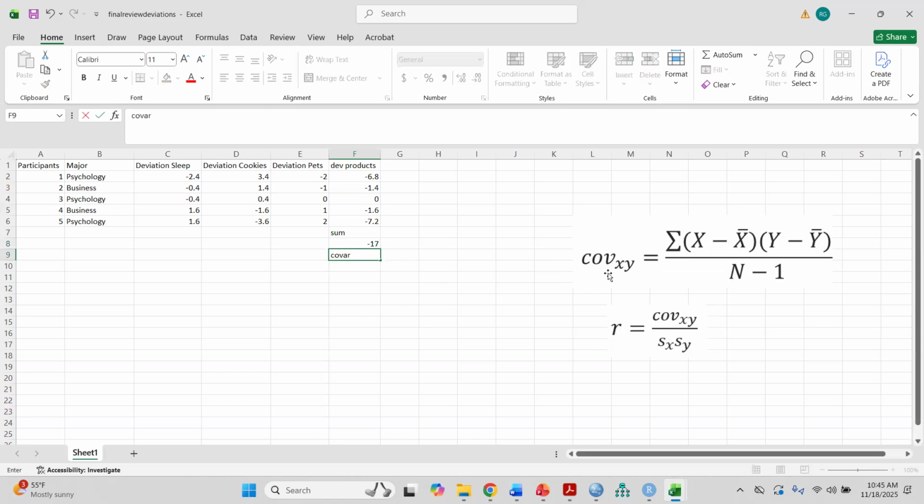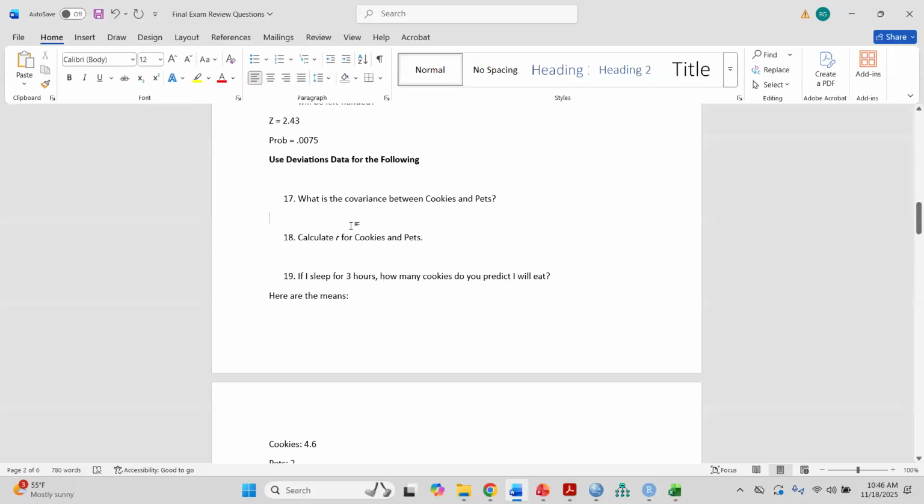That's not the covariance, though. The covariance is going to take the sum of those products and divide it by n minus 1. So that n looks like there's 5 people. So I'm going to go equals this divided by n minus 1, which would be 4. And we get negative 4.25 as the covariance. Okay, negative 4.25.